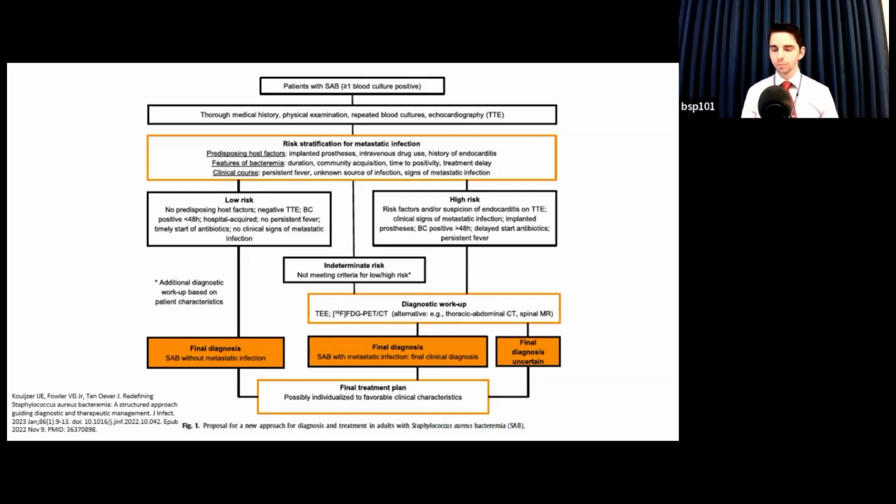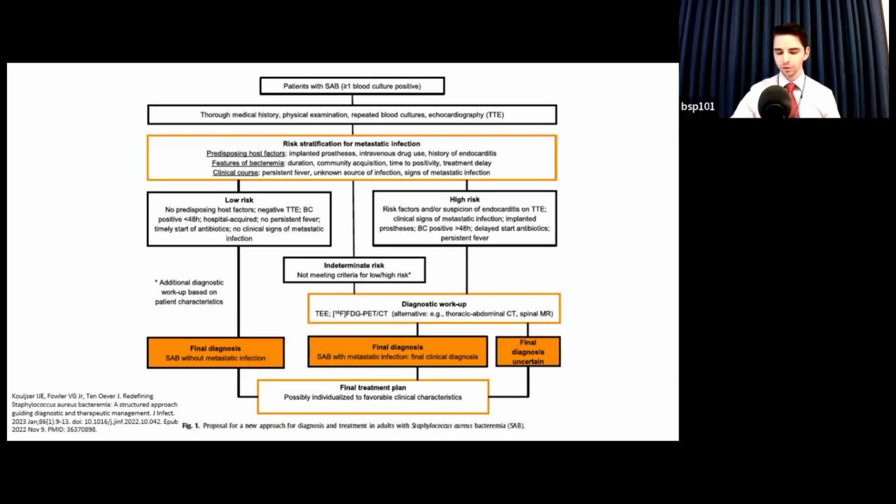There's no moderate risk because that always confuses everybody. Patients who are at low risk, who have similar criteria to what we already consider as uncomplicated disease, end up with a final diagnosis of Staph aureus bacteremia without metastatic infection.